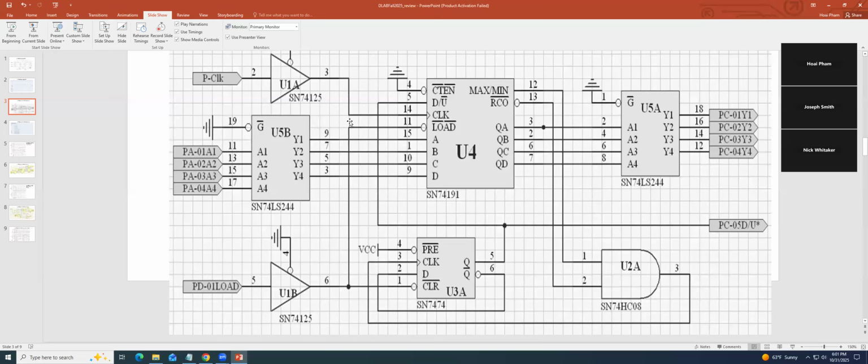Hey, Mr. Pham, regarding my problem, is it possible that maybe my U5 pin 1 or my U4 is the issue? I don't know. We have to see what test they failed. Then I can tell you what to do.